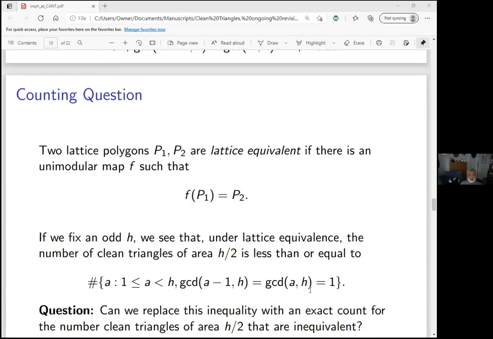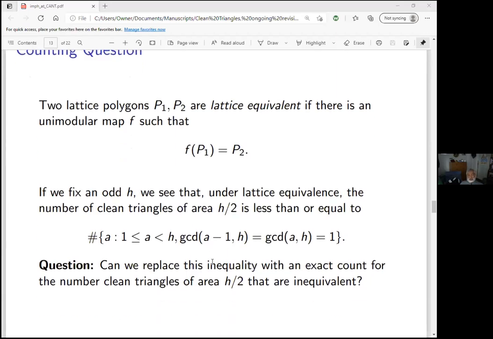And so what we see is that if we fix an odd H, under this property of lattice equivalence, the number of clean triangles of area H over 2 is less or equal to the cardinality of the set. So this looks very much like the set that arises when you define the Euler-Phi function, except that you have this additional condition on the GCD. You just don't have GCD of A and H equals 1. You also are looking at A minus 1.